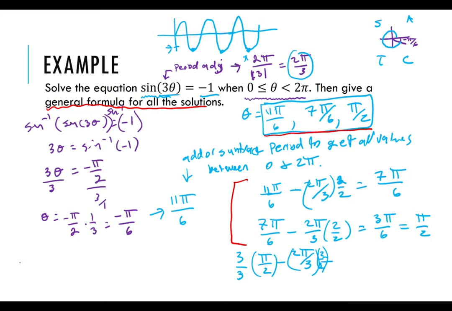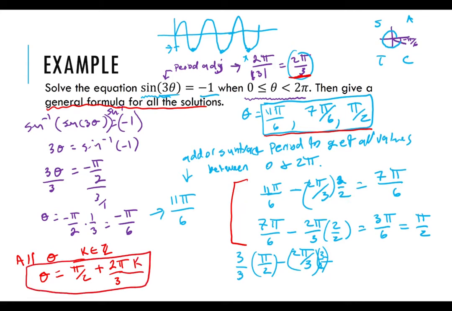And so our general solution for all thetas is going to be, given of course that k is an integer, theta is equal to pi halves plus the period that we found, 2 pi thirds, times integer multiples. So 2 pi k over 3. And so this is actually all of my solutions.